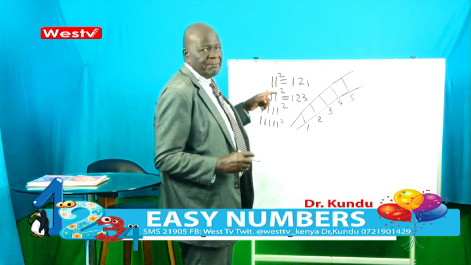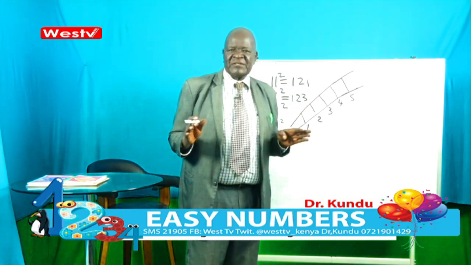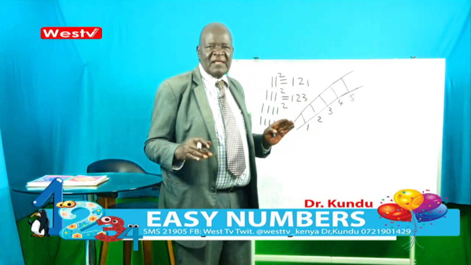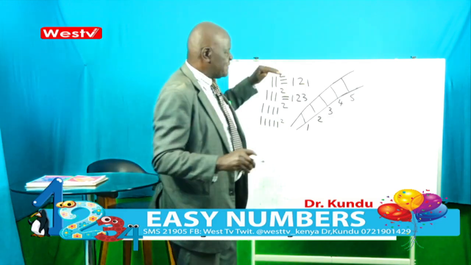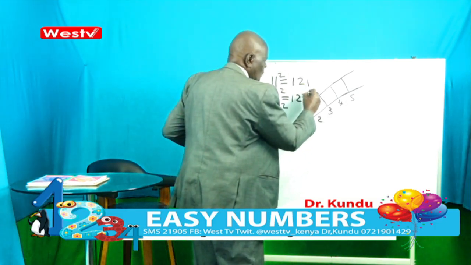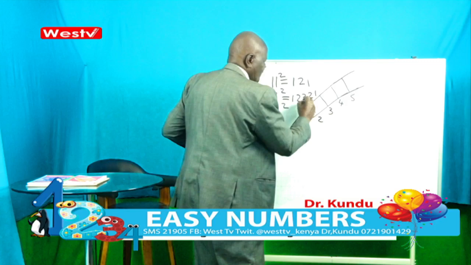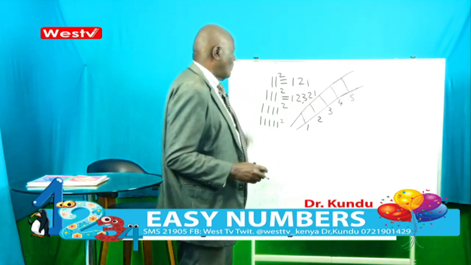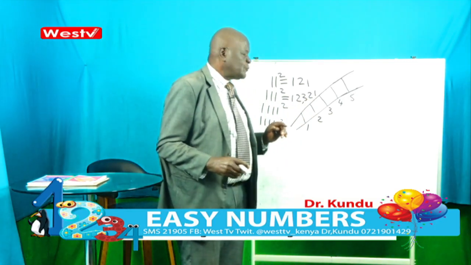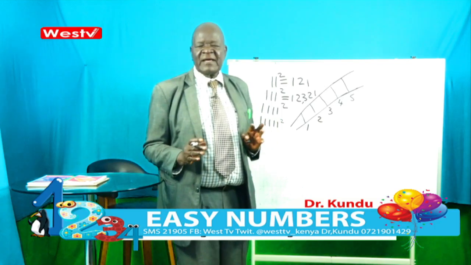Then you will do your business, and when you are finished and you want to go away, since you are on stair 3, you will simply go back on stair 2 and then stair 1 and find that the square of 111 is 12,321.